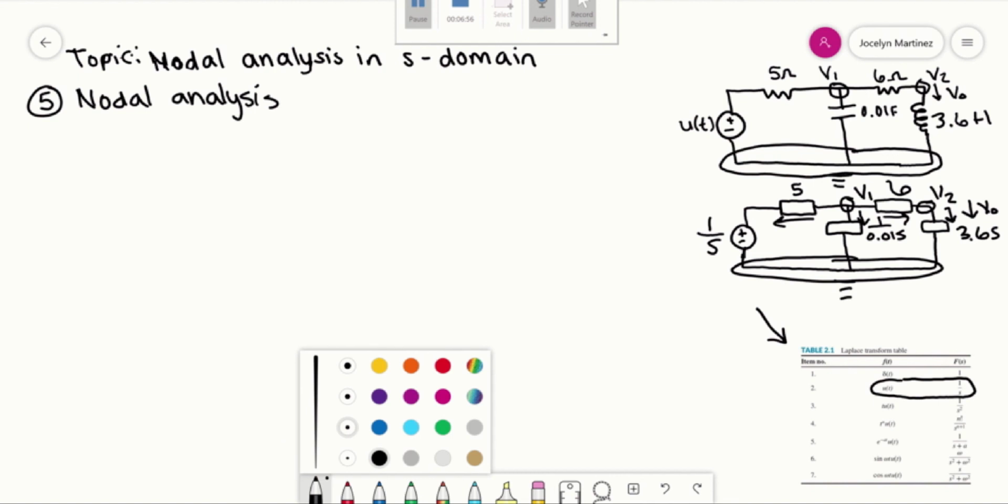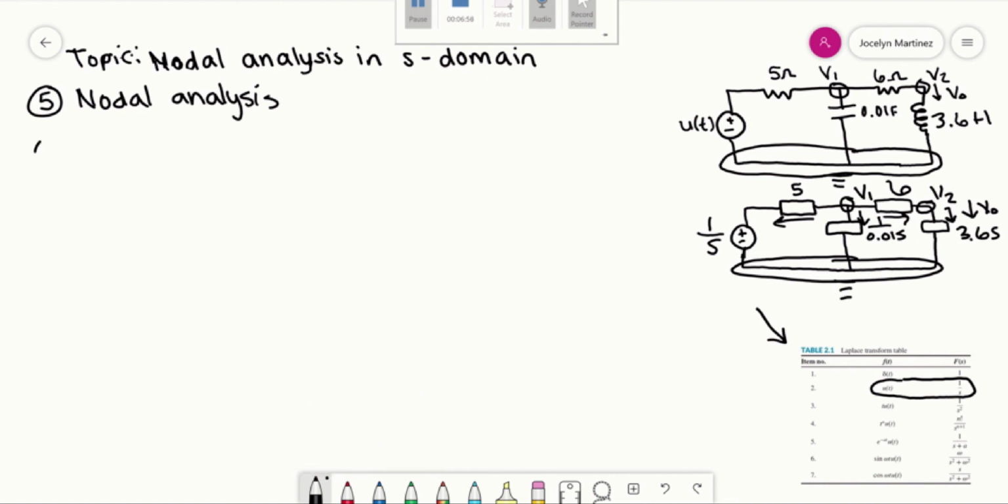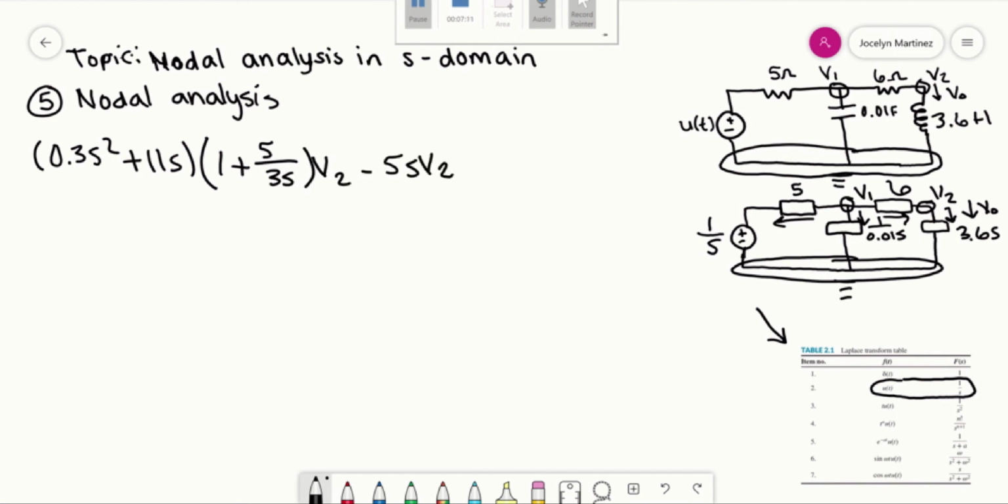So if we plug it in, we will see that 0.3s squared plus 11s times 1 plus 5 over 3s V2 minus 5s V2 equals 6. We're going to simplify more and say that 0.3s squared plus 6.5s plus 55 divided by 3 V2 equals 6.